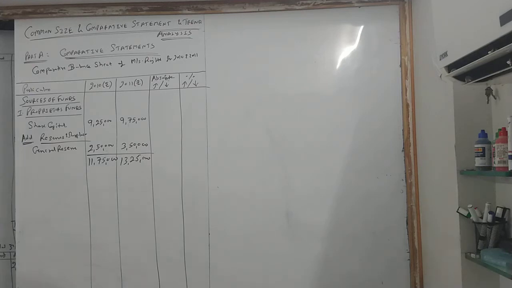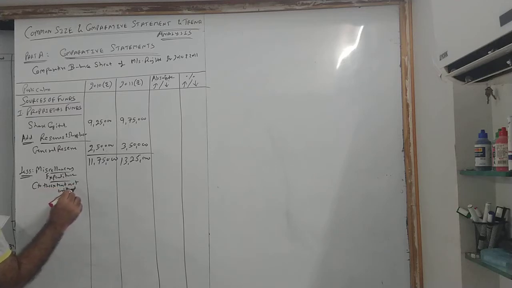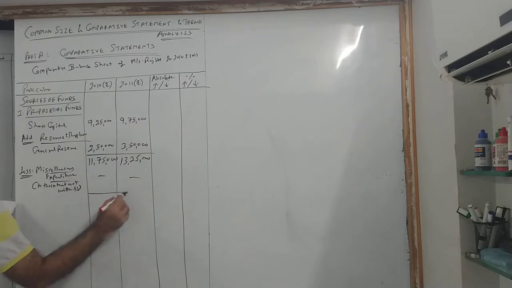925 plus 250 and this will be 975 plus 350. From this we deduct less: miscellaneous expenditure, in brackets, to the extent not written off.